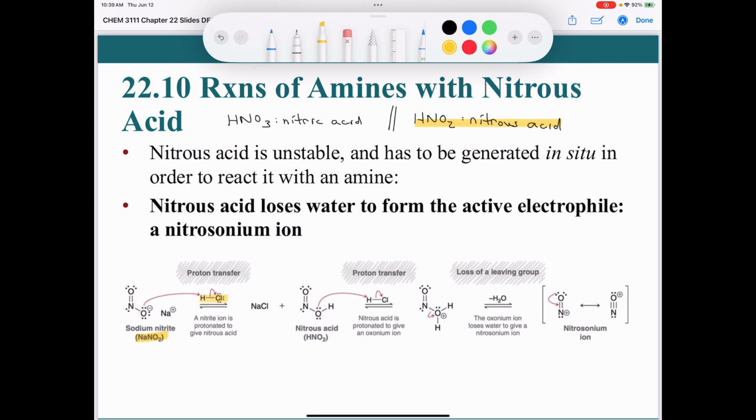Under these conditions, the nitrous acid is further protonated, followed by a loss of water to give what's called a nitrosonium ion. So you see the reaction here in the first step between your sodium nitrite and your hydrochloric acid, which makes the nitrous acid, but then it gets protonated and you end up losing water to make this neat ion, which is called a nitrosonium ion.